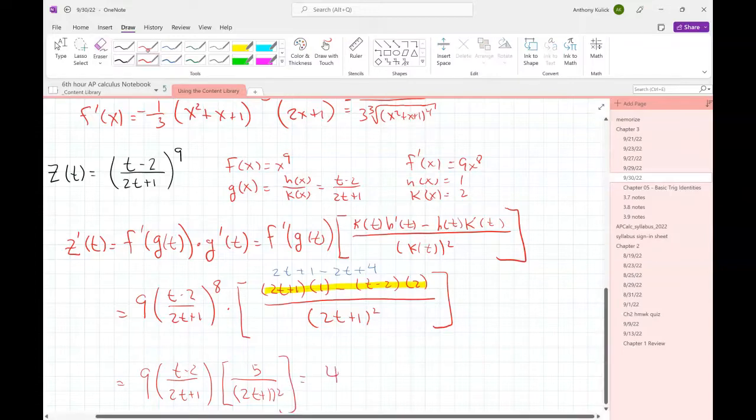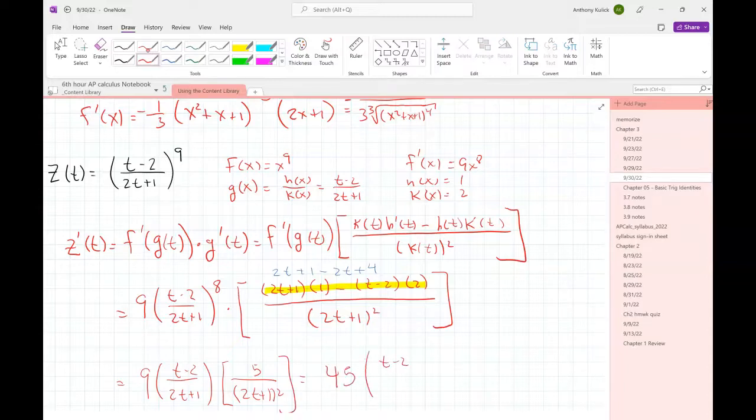If we really wanted to get fancy about this, what could we do? We call this 45 t minus 2 to the 8th over 2t plus 1 to the 10th. But really the step before that would have been fine for Mr. Kulik.